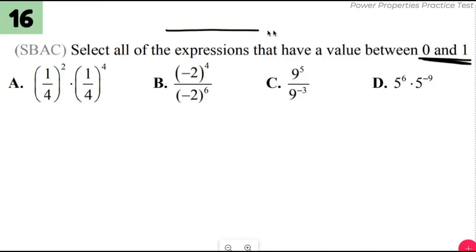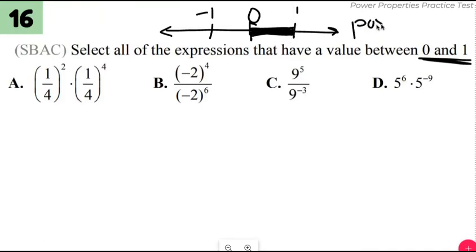Between 0 and 1, so on a number line, if I want something between 0 and 1, this is the area I'm looking at right here. So that means it's going to be positive.